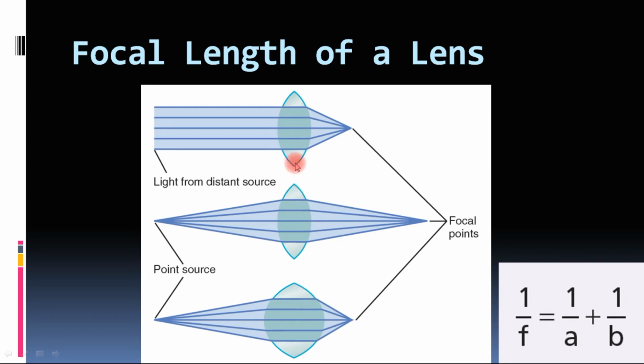As you can see here, if the lens of the eye is not flexible, if it is not changing its shape, if the object comes near to the eye, near to the lens, the image will be formed farther and it will not be in focus on the retina. So to have a clearer picture of that near image, what happens in the eye is the curvature of the lens changes.